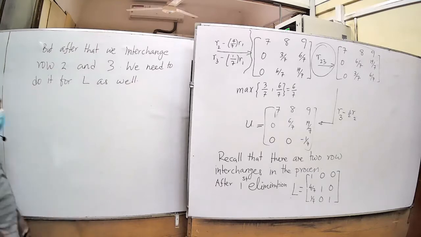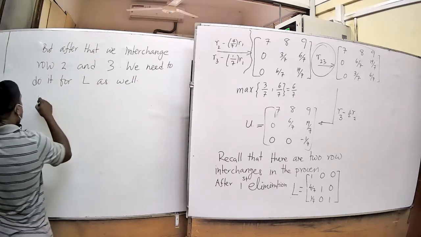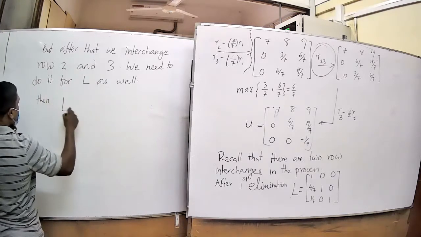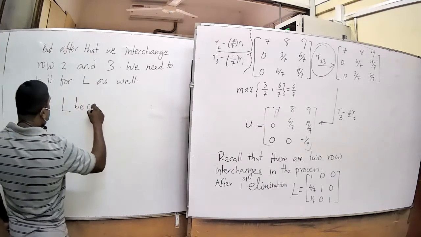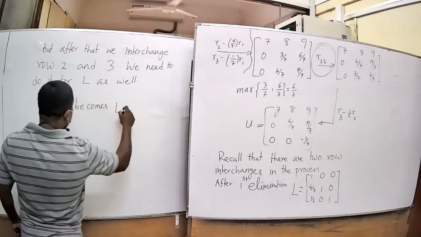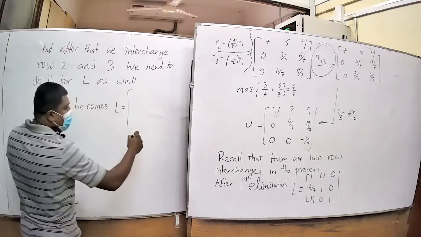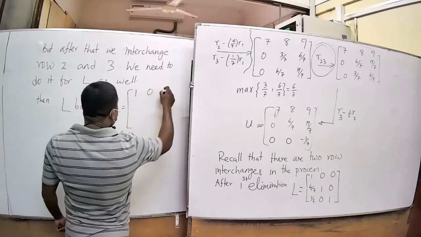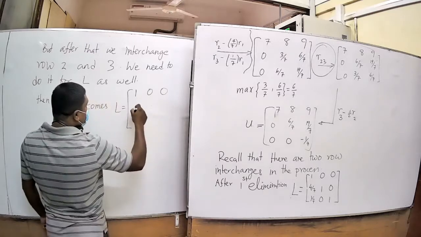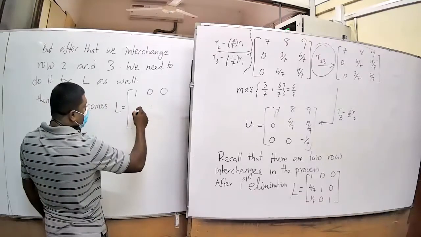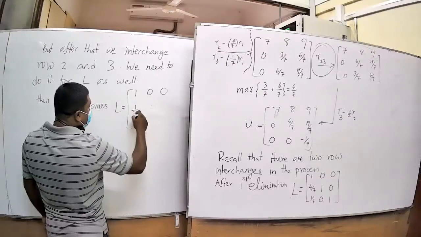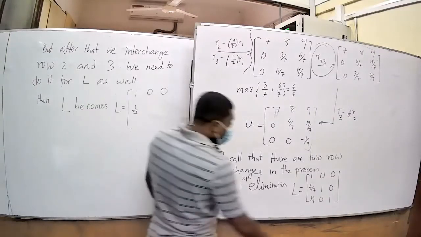So we have to do it for L as well. Then L becomes 1 0 0, this is this, so 1/7. So you forgot this.